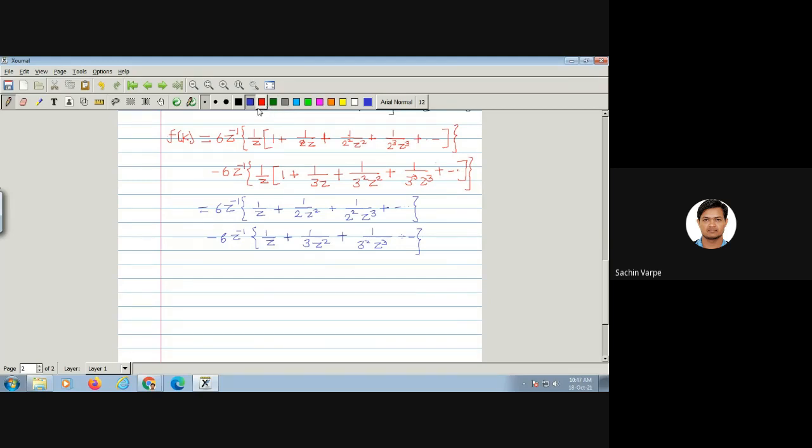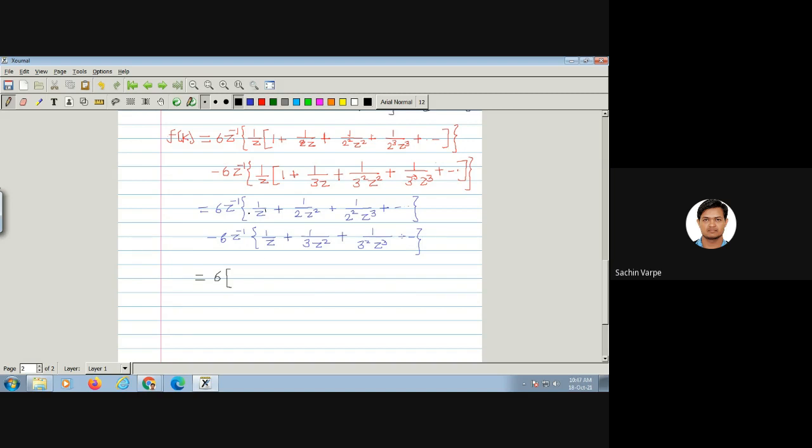Already k is negative. Right? So therefore I'm directly writing the required inverse z transform from the first one. What is the coefficient of z raised to minus k? Here we have z raised to 1, z raised to 2, z raised to 3. So k must start from 1.